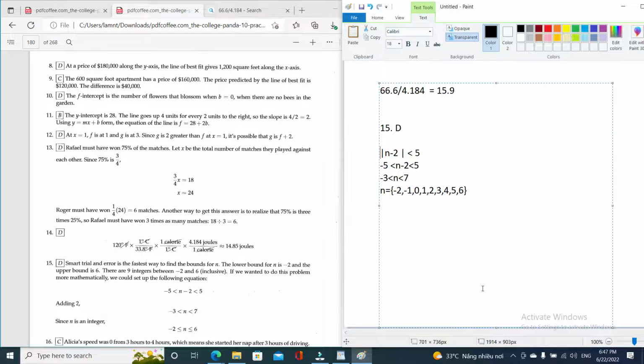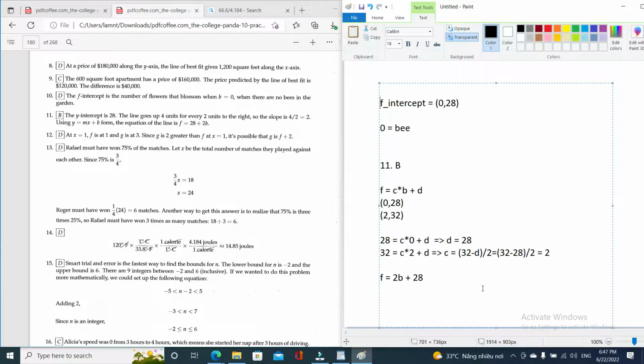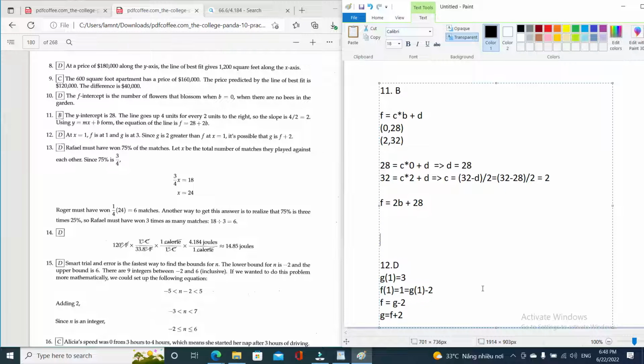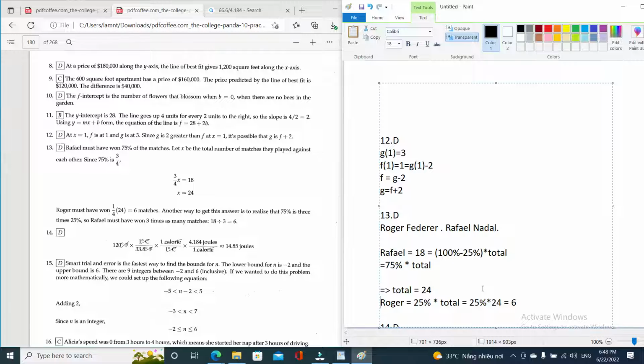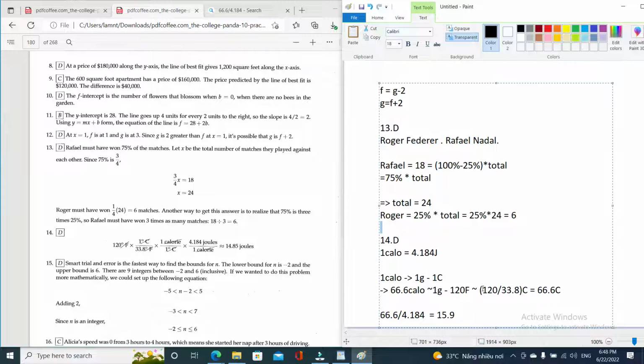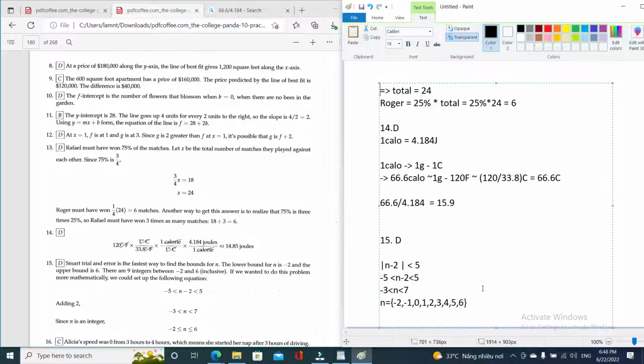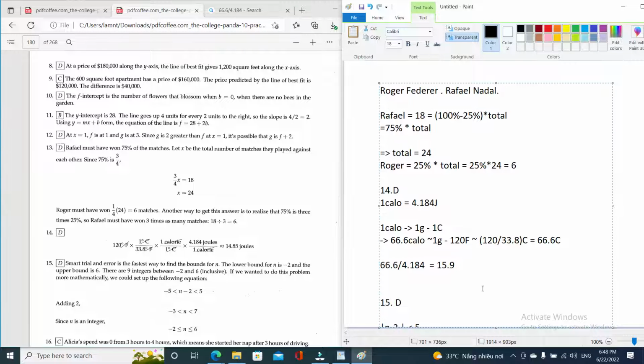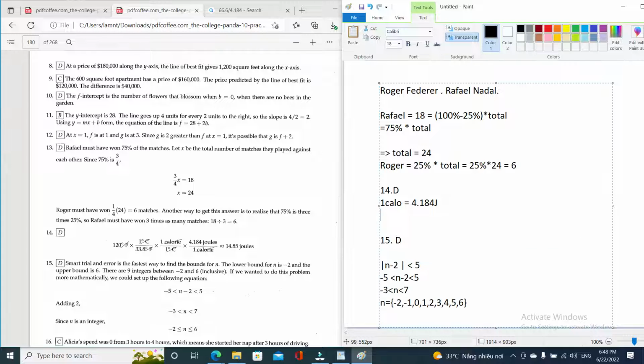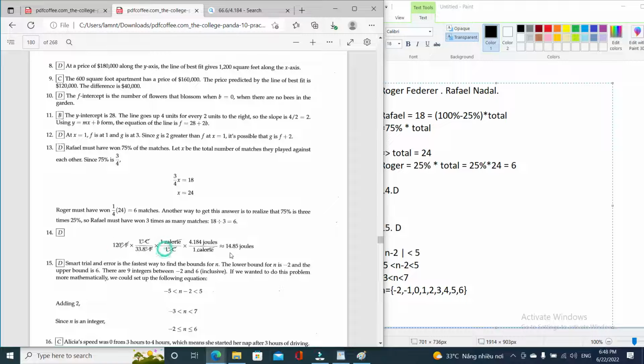So let's check from number 10. 11 is B, correct here. 12 is D, correct. 13 is D, correct. 14 is also D, and 15 is D. So let's check number 14. We're going to change from F to C, C to calorie, and calorie to joule.